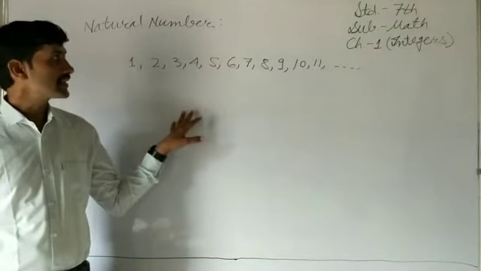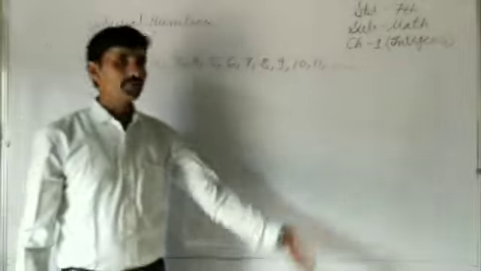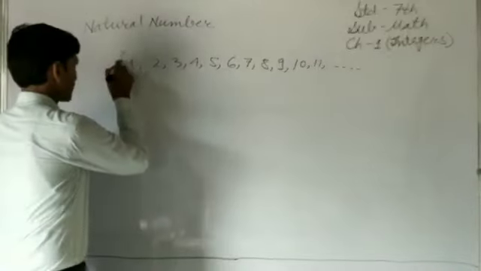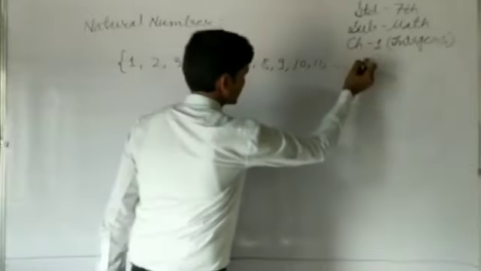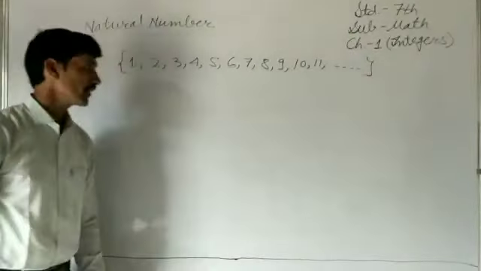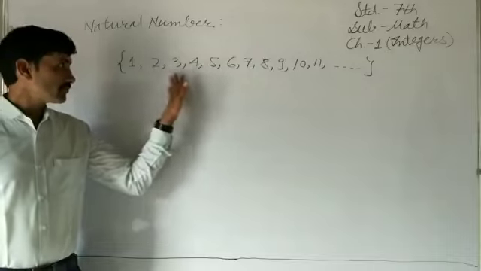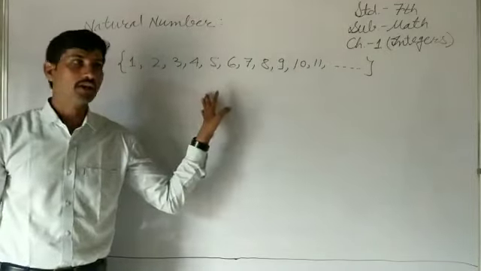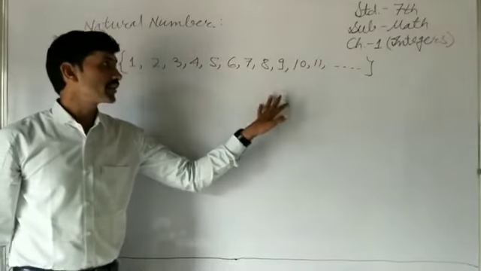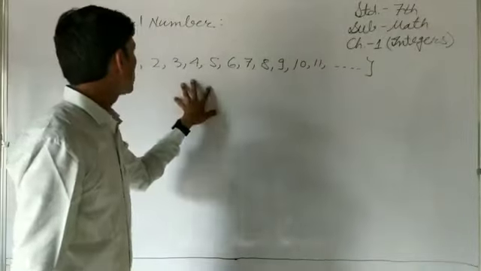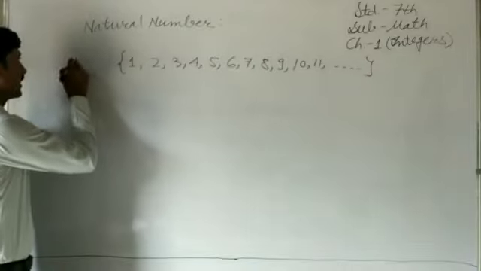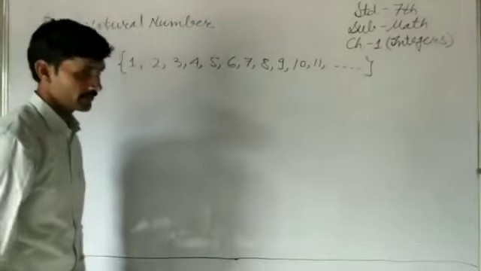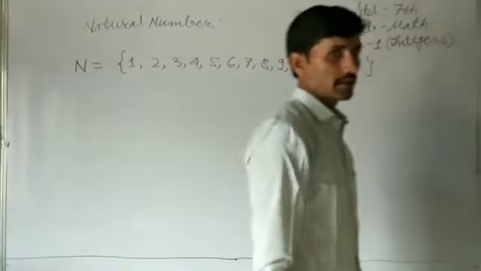In the higher classes, if we collect all these type of numbers together, that collection we represent with this symbol. So the collection of these counting numbers 1, 2, 3, 4, 5, 6 and so on we represent by the set N, and here N stands for natural. So these are known as natural numbers.